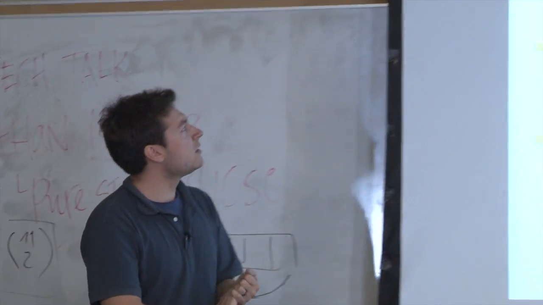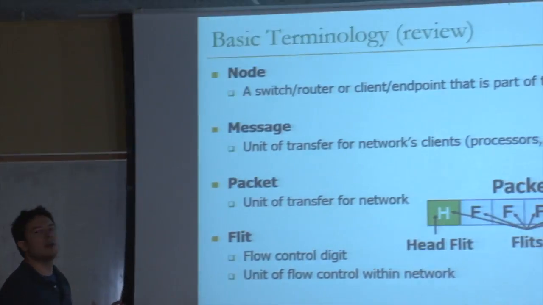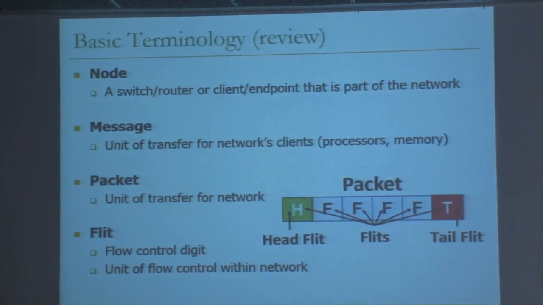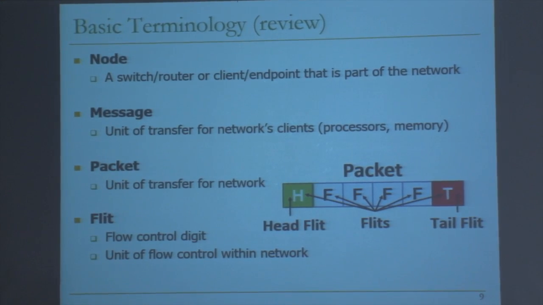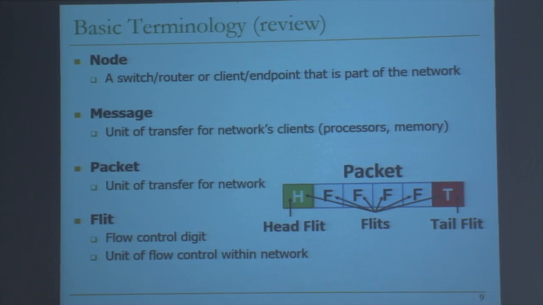Some more terminology. A node is a generic term. This can be a switch or an endpoint of the network. This is essentially any addressable thing in the network. A message is the logical unit that is transferred between the clients in the network. So for instance, if you have a processor, there could be a coherence message. But in the network, that could be split into multiple packets.